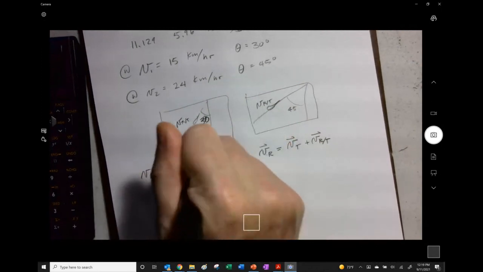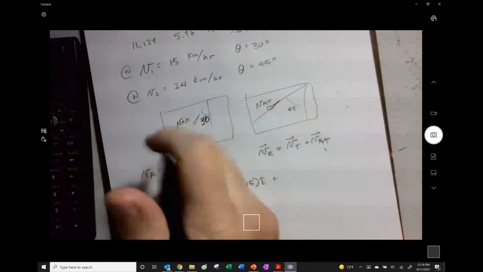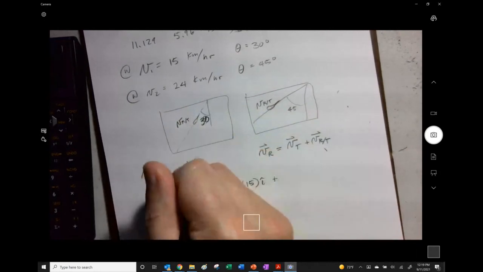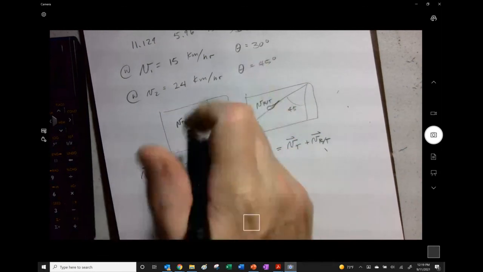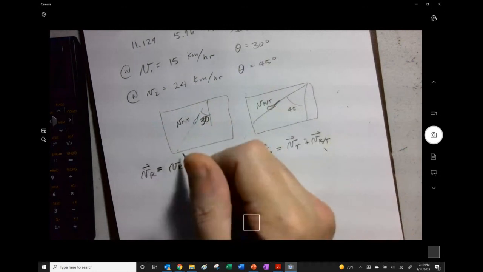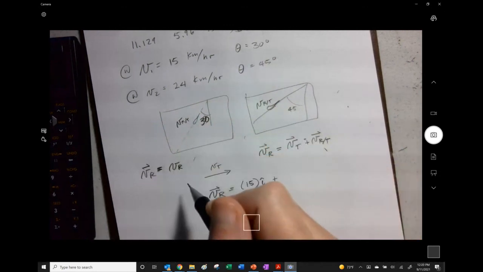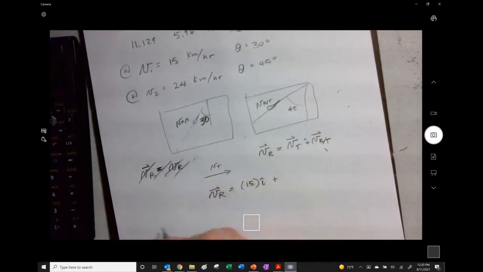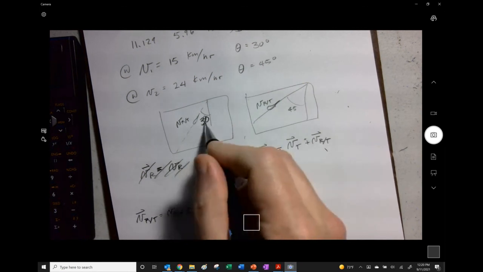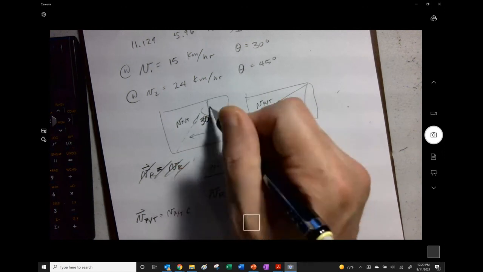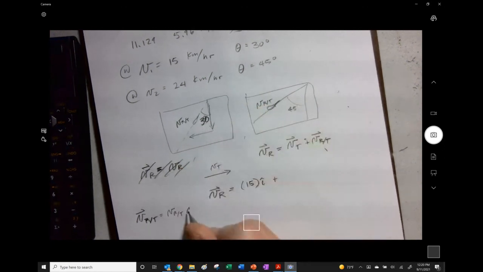Oh, I'm sorry. Oh, let me try it another way. Velocity of the rain with respect to the train is going to be equal to the velocity of the rain with respect to the train times the... I've got to be careful here. Do I want to do that?